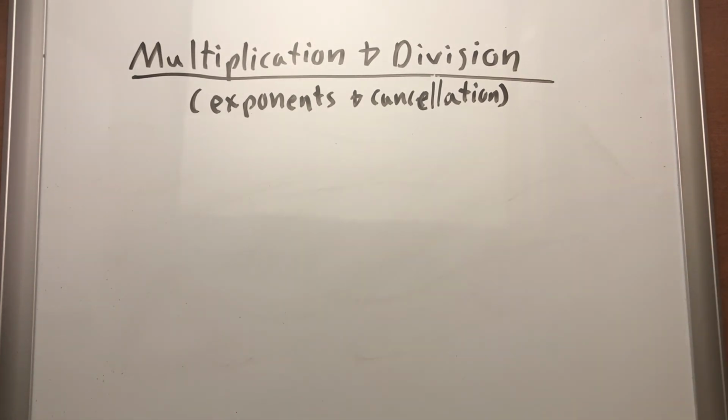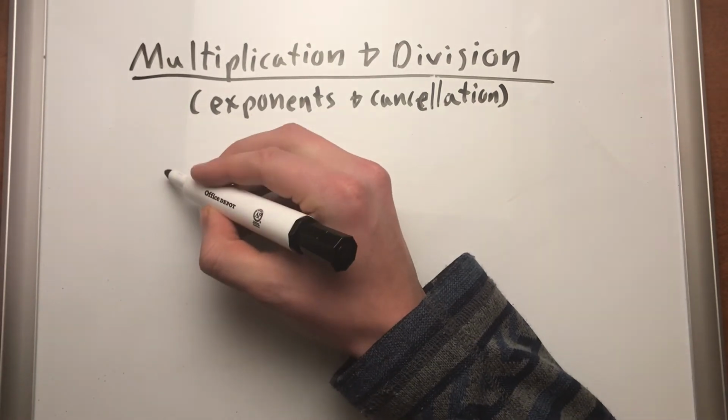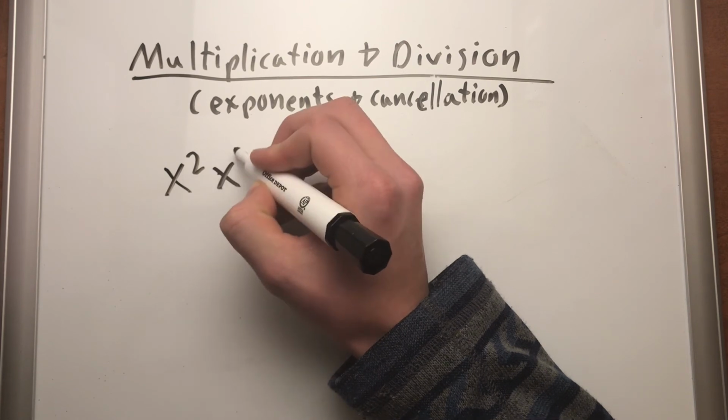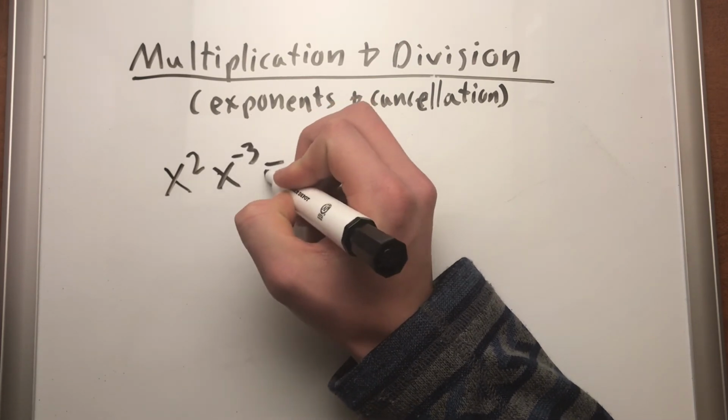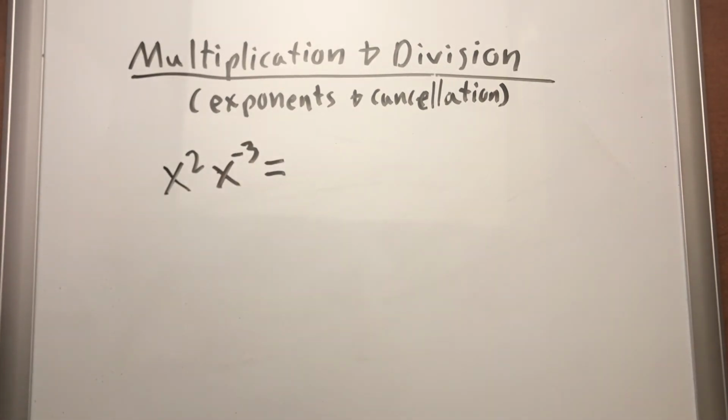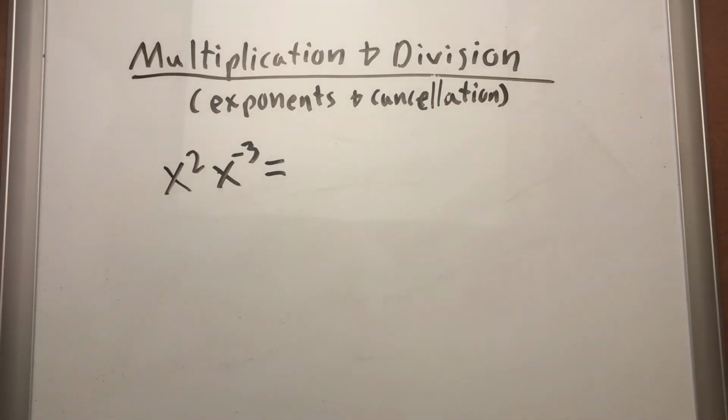This method of cancellation can be applied to exponents as well, and can help us understand how negative exponents work. Let's go back to one of our older examples, x squared times x to the negative 3. Now, according to our exponent rule, we could solve this just by adding these two exponents together to get x to the negative 1. But the reason that works is because of this.